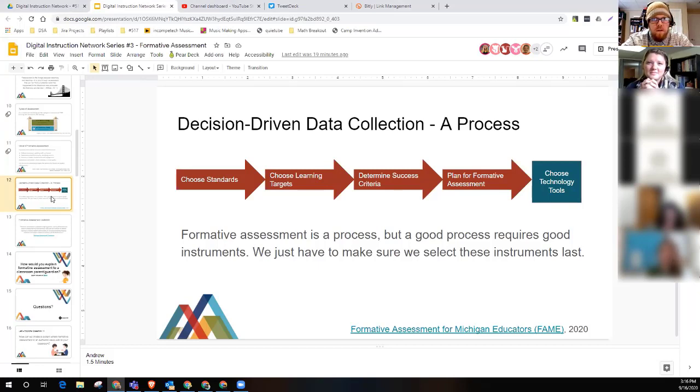Okay, so it starts with the standard, right? Because those are the things that we're being asked to teach. The learning targets come out of that. And then the success criteria is really how you operationalize the learning target. So the learning target sometimes is really, really clear about what the success criteria looks like, and other times it's not.